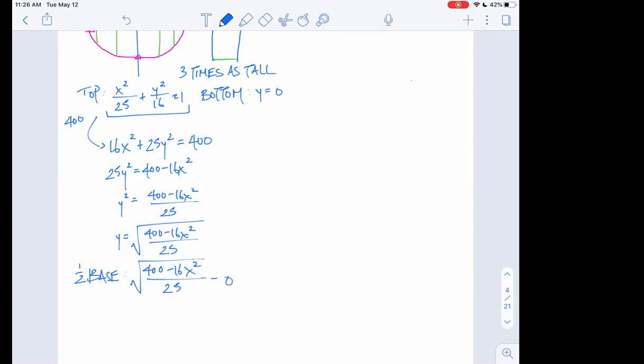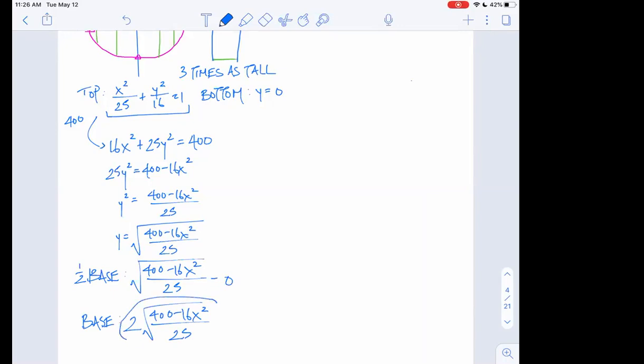That's our top minus bottom. But what that means for the whole base is it's going to be 2 times that square root. Okay, so same kind of reasoning that we saw in example number 2.